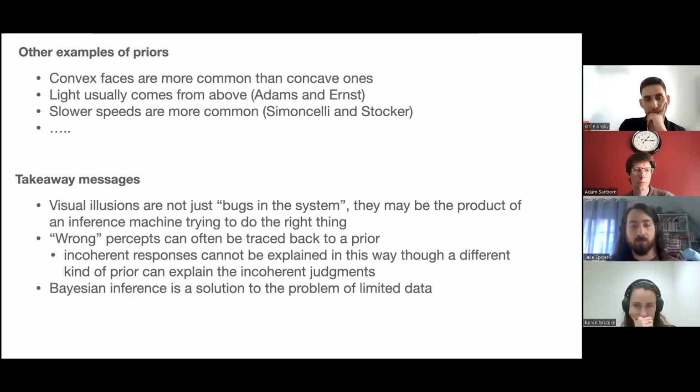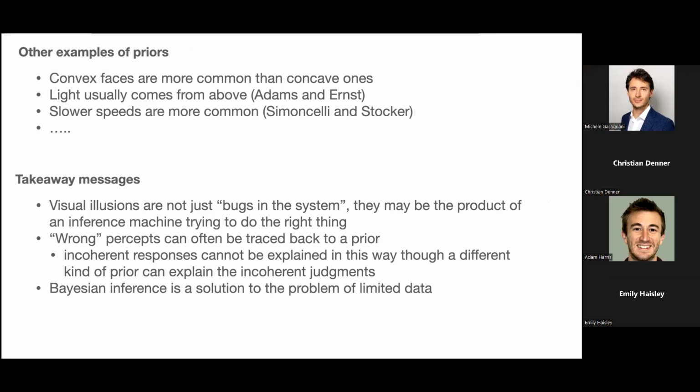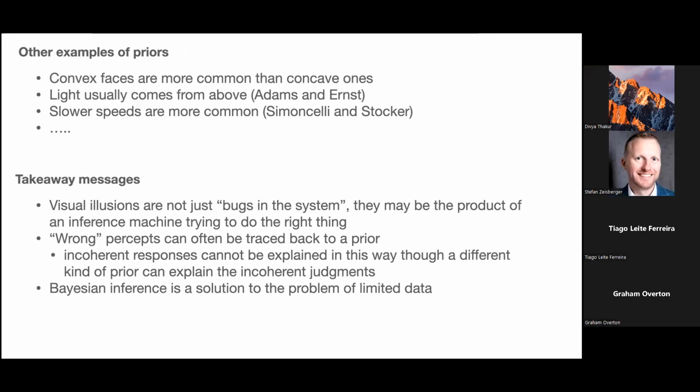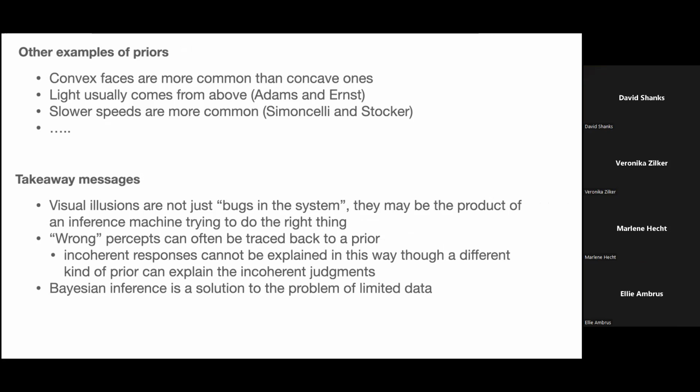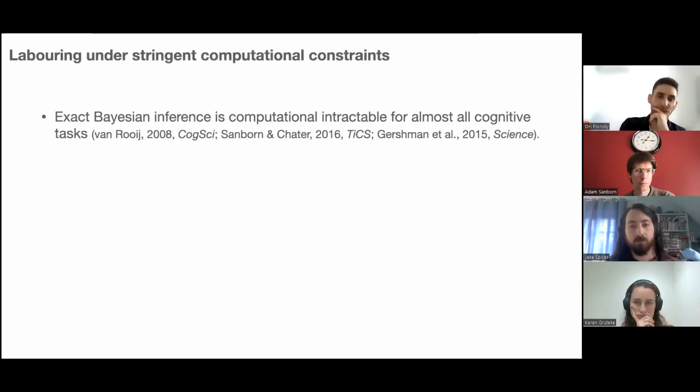And after all, Bayesian inference is really the principled way to provide a solution to this problem of limited data, essentially by formalizing inductive bias as a prior. But we also know exact Bayesian inference is computationally intractable for virtually all cognitive tasks.